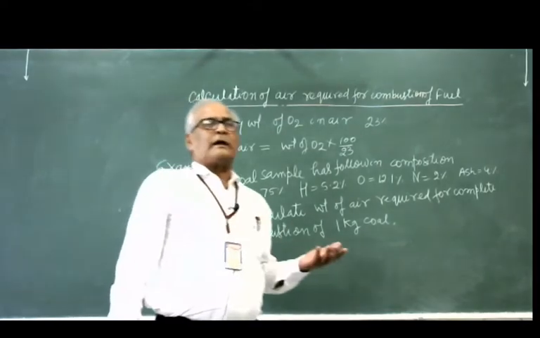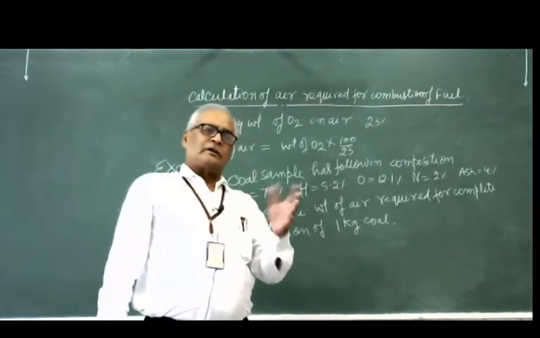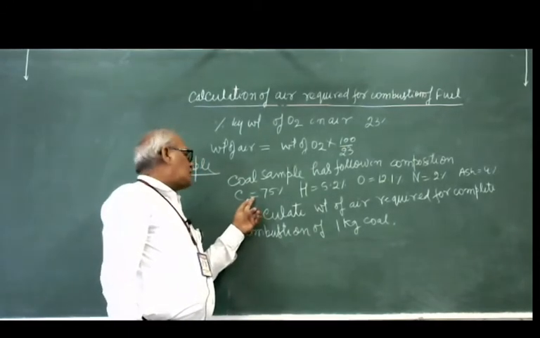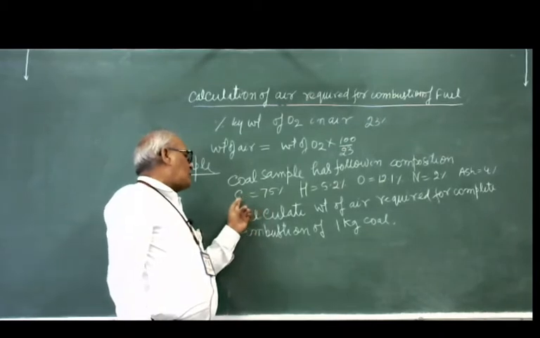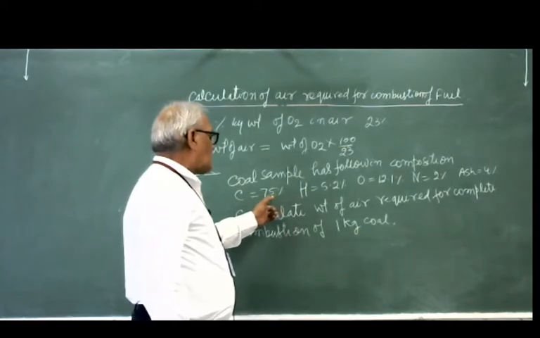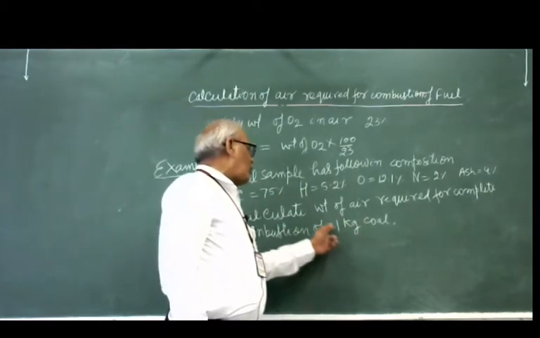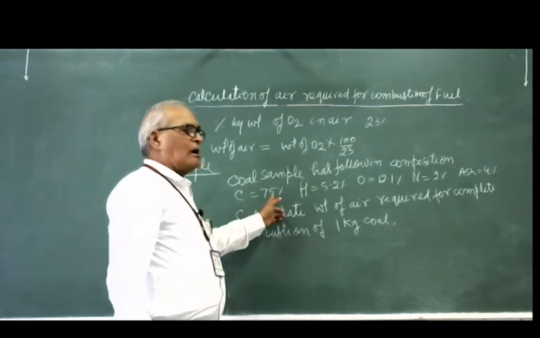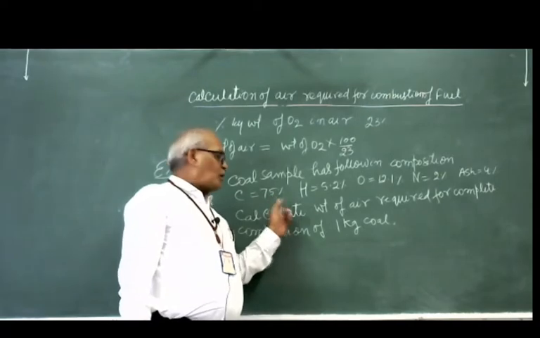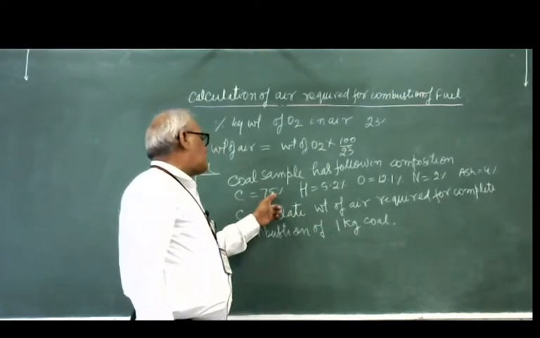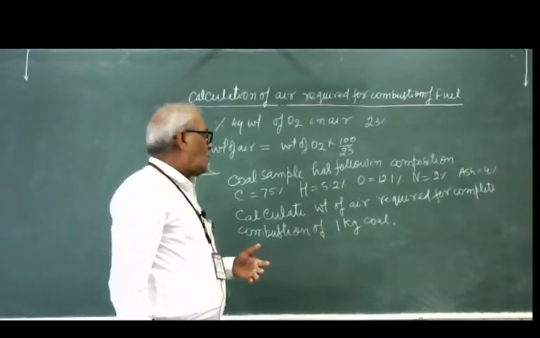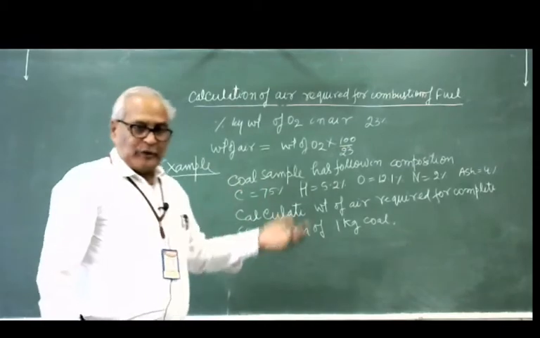Either you calculate oxygen required separately, how much oxygen is required for complete combustion of carbon. So 75% of the carbon means in 1 kg you will have 750 gram of the carbon. In 1 kg of the coal, 750 gram of the carbon is present. So how much oxygen will be required? Just see how we can calculate.